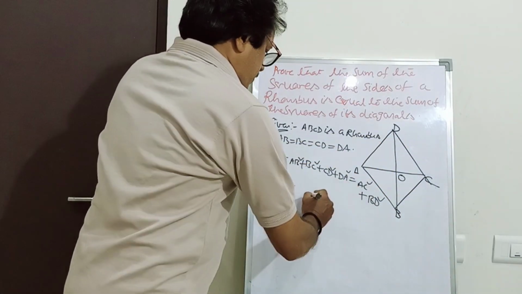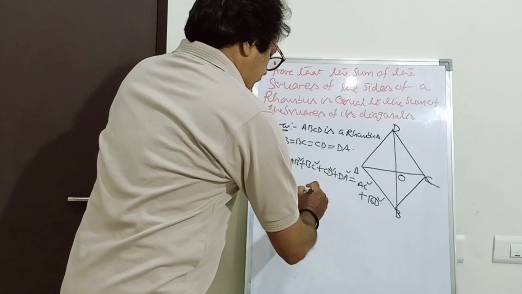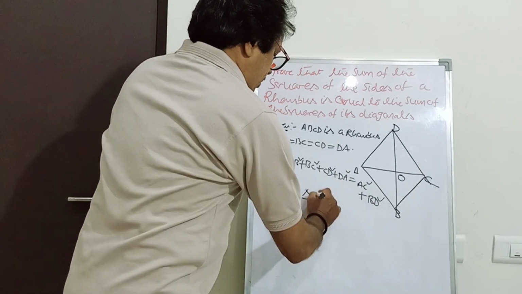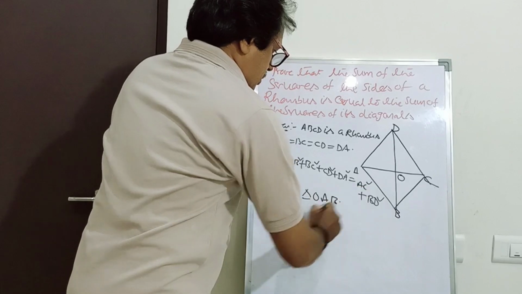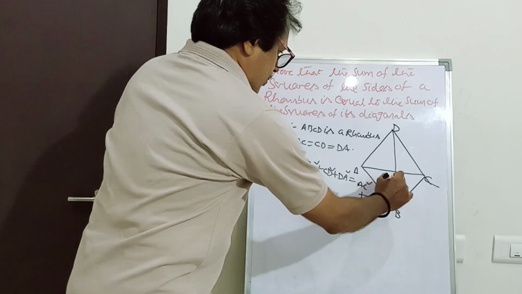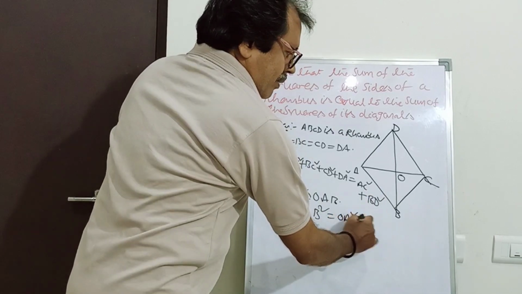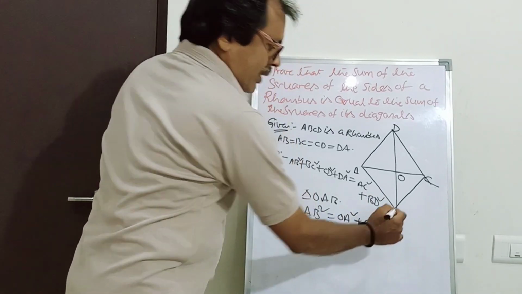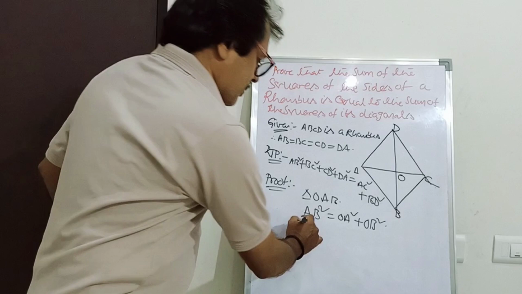Therefore, in right angle triangle OAB, according to Pythagoras theorem, AB square is equal to OA square plus OB square.